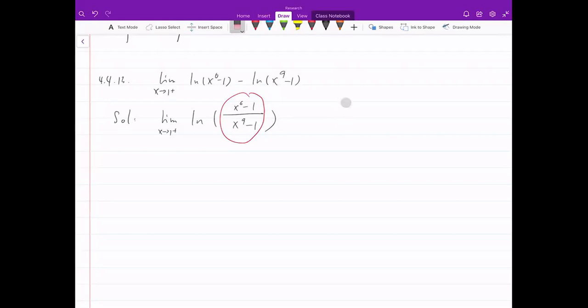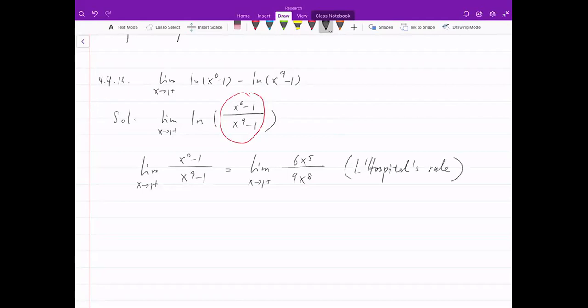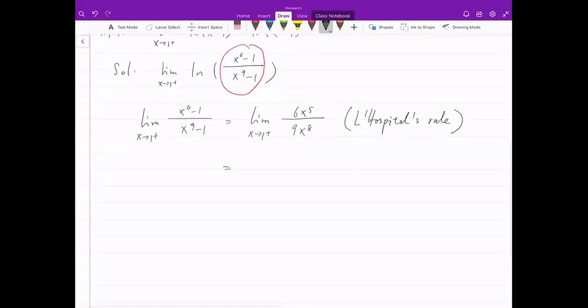Therefore, I can apply L'Hopital's rule to this, because I have the 0 over 0 case. Now, once you switch that, can you plug in 1 now? 2/3. Then the whole thing is ln 2/3.